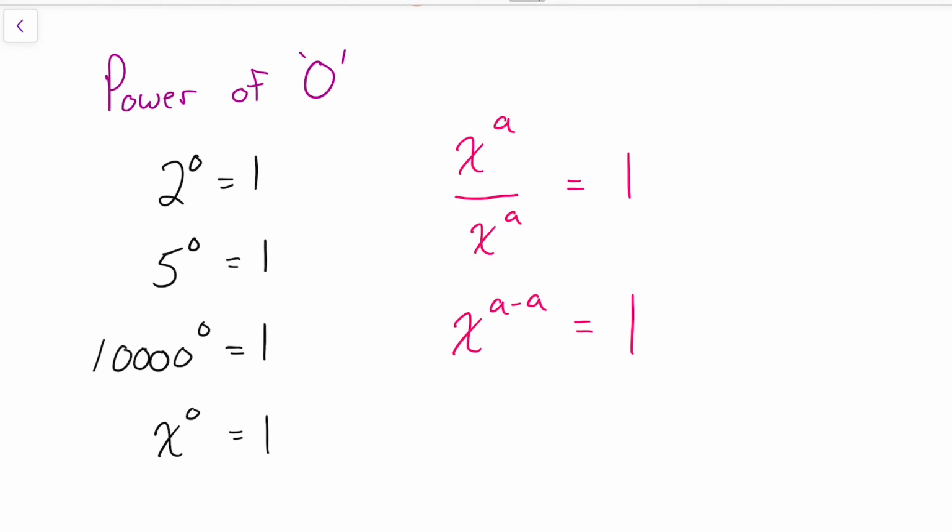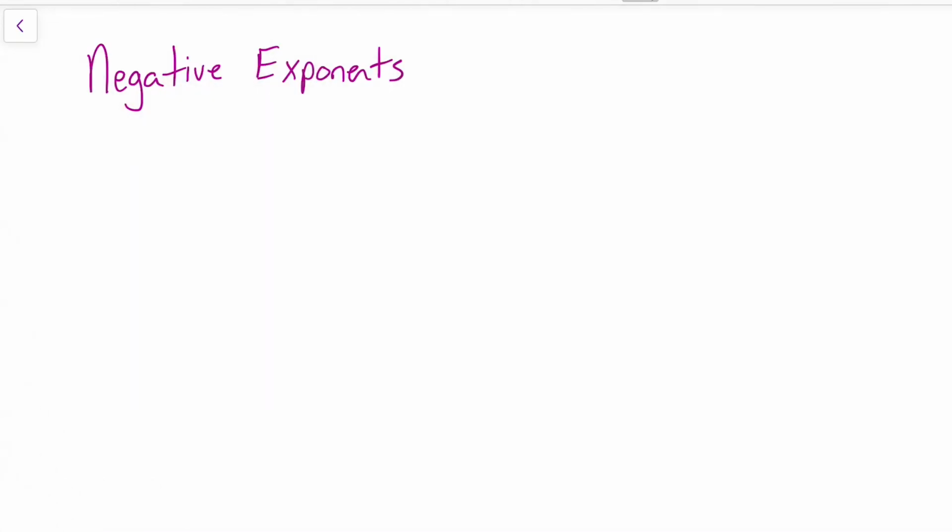Same base, we subtract our exponents, and we know any number subtracting itself is 0. So x to the power 0 equals 1. By applying our quotient rule, we were able to prove that any term to the power 0 does in fact equal 1.